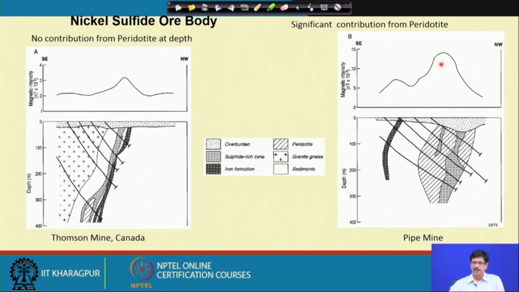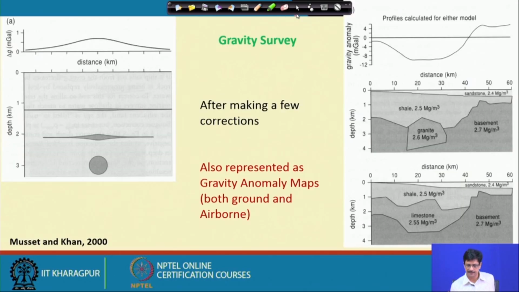So, these illustrations show that the anomaly pattern we get in different situations could be different, and the interpretation could always depend on information coming from any other source to confirm the actual nature of the disposition of this ore body and its relationship to the surrounding rock, in which case the anomalies could be reflected in many different ways.